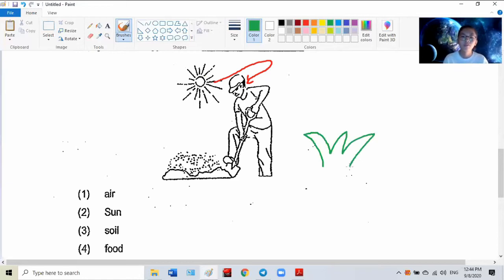Then he eats the plant, so only the plant gets the energy from sunlight. Then he eats the plant, then he gets it. We don't get our energy directly from the sun. We get it from the plants and stuff like that.